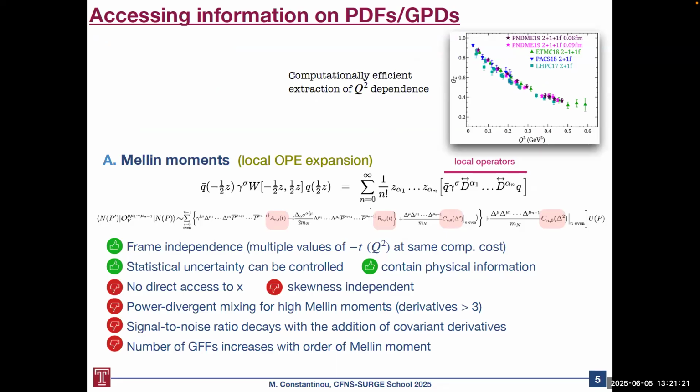You have a bra and a ket, and they carry some momentum. If it's different, that is what we refer to as the momentum transfer, the difference between the initial and final state. So we can get all of this data very nicely, at least for the lowest moments. This is frame independent, so you can use any kinematic frame you want, and this is very successful.